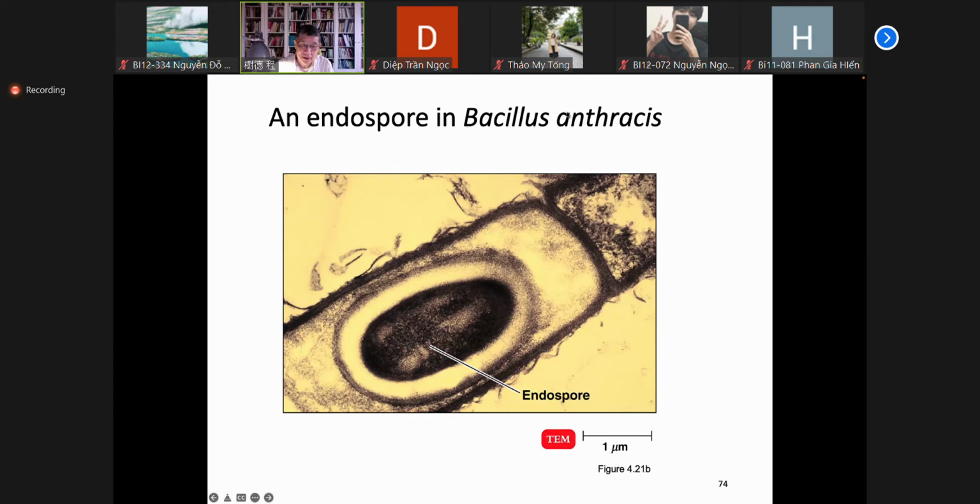Anthrax kills animals, and also is one of the most terrifying bioterrorist weapons in the world, because it can be kept.